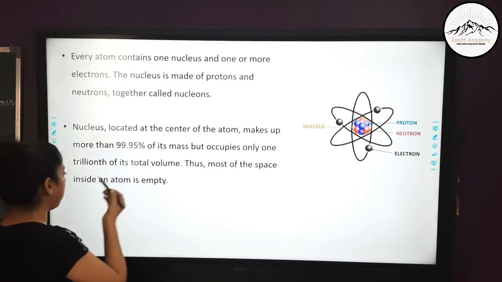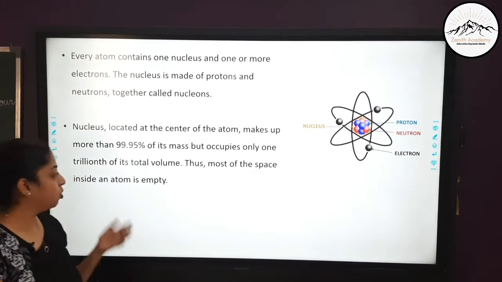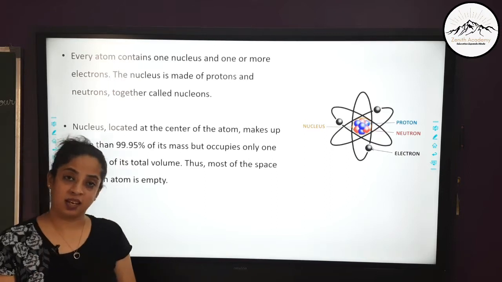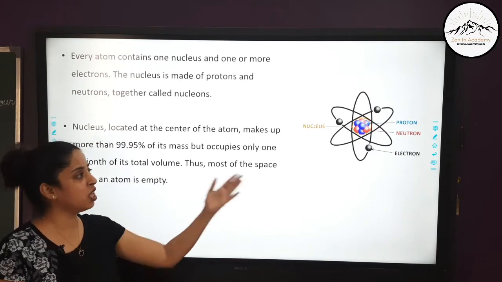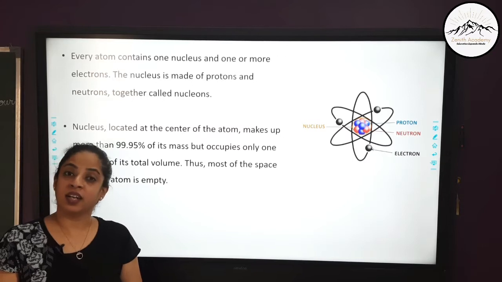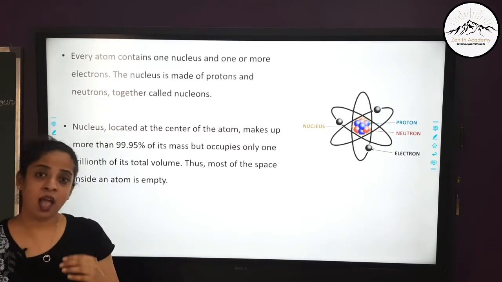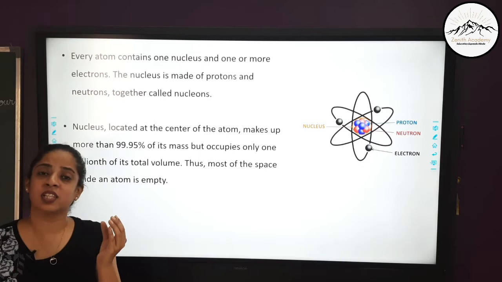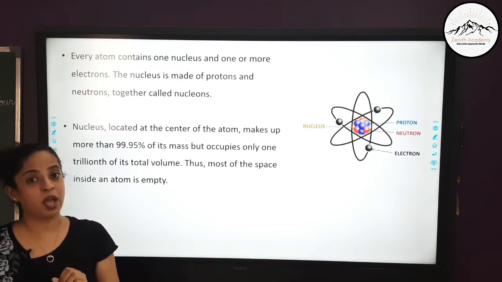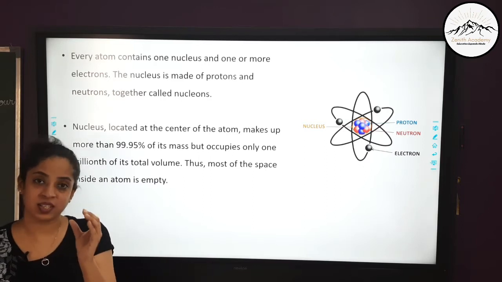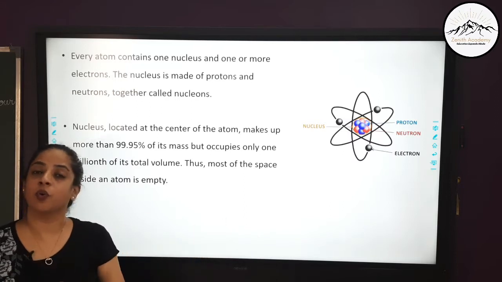Thus most of the space inside an atom is empty. So there is a lot of empty space in an atom. You can imagine the atom like a huge cricket ground, and the size of the nucleus is around the size of a cricket ball. So you can imagine how small the nucleus is compared to the size of the whole atom.